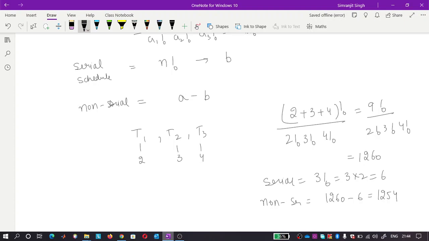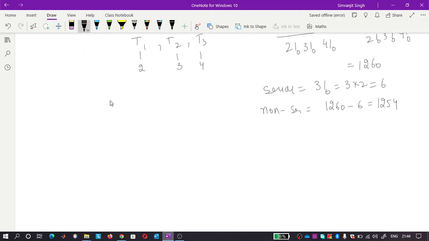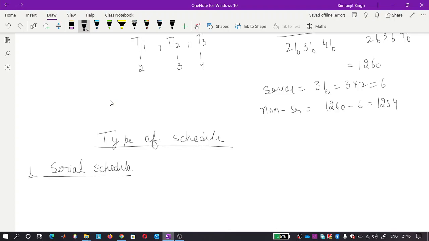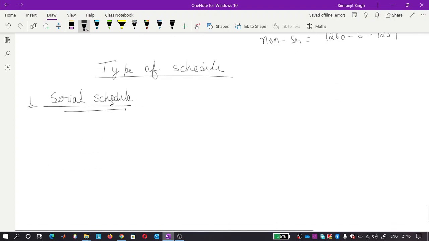Moving forward, what are the types of schedules that you can find? The first one we have already seen. I think I've given you plenty of examples here: the serial schedule. A serial schedule is one where there is no interleaving between the transactions. Suppose there are 3 transactions.